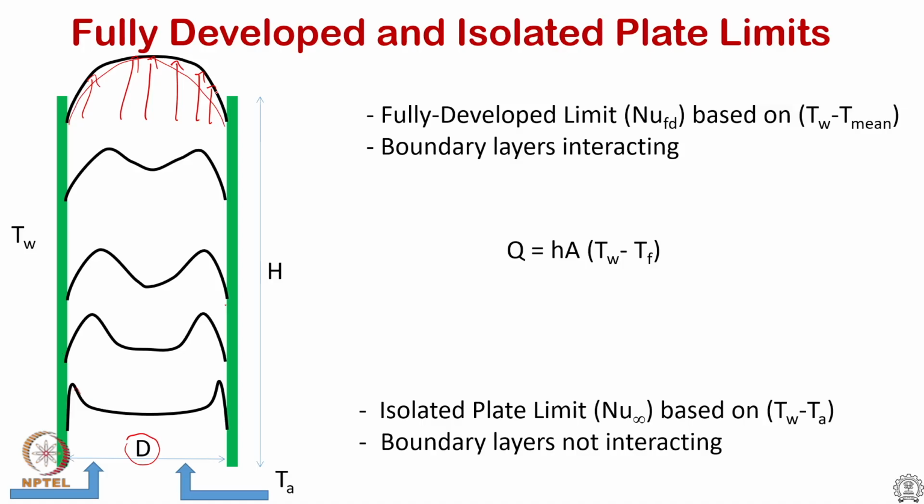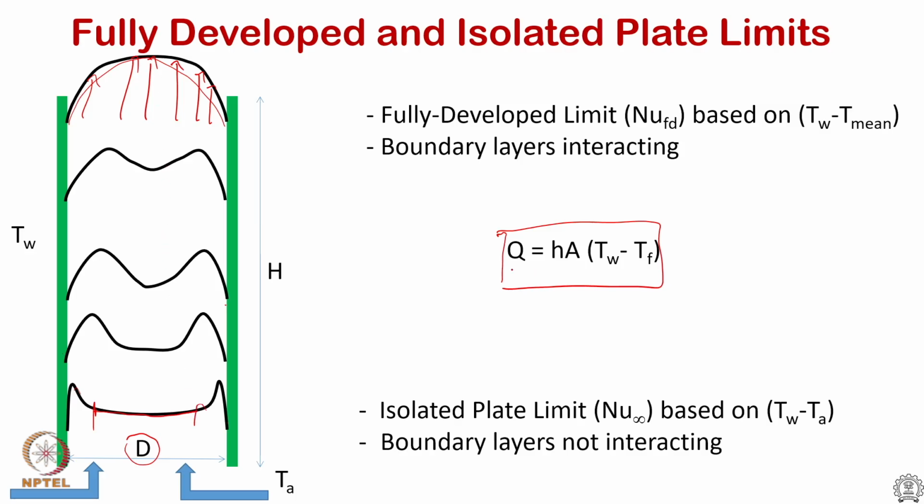In the fully developed flow limit, the boundary layers merge from both sides of the wall and form a fully developed flow. That is where the two boundary layers are interacting. You can see at the lower end the boundary layers are not interacting at all because this is a flat line. The core of the flow is constant, and only a boundary layer is seen up to a certain distance. As it flows across, it merges.